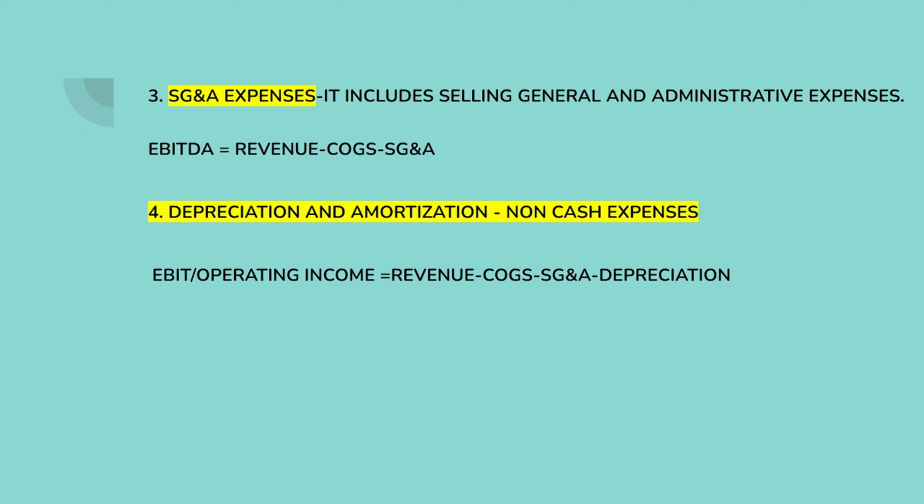So now, if we reduce all these line items from the revenue, we get the operating income. So what is operating income? Operating income is nothing but revenue minus COGS minus SG&A and minus depreciation. All other line items after depreciation would be the non-operating expenses.